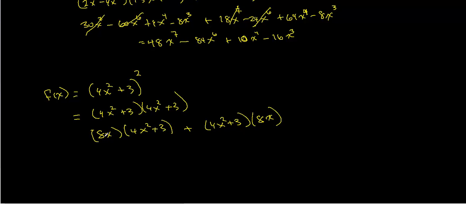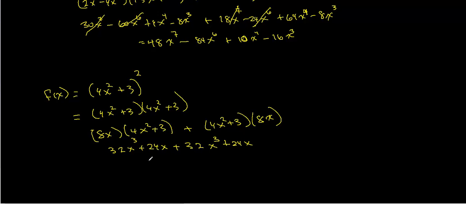And then again, as you can see, if you multiply this out, you're going to get 4 times 8 is 32x to the 3, plus 3 times 8 is 24x. And again, over here, you would expect the same thing, so we're just going to write it again. 32x to the 3 plus 24x.